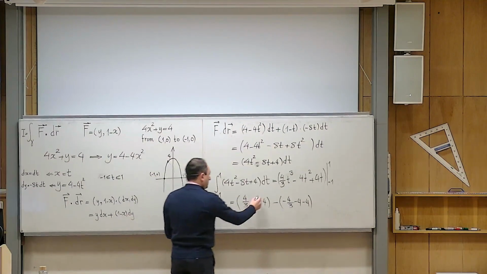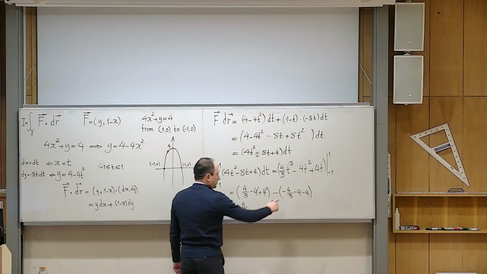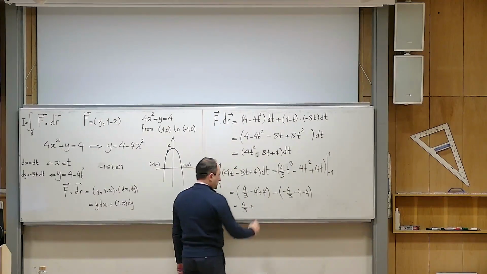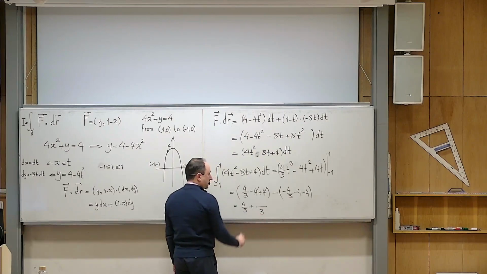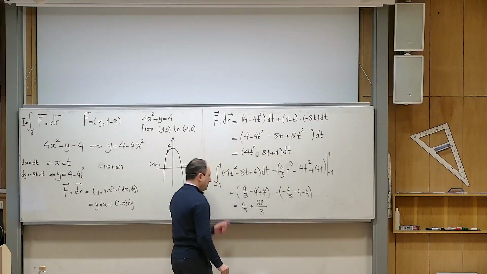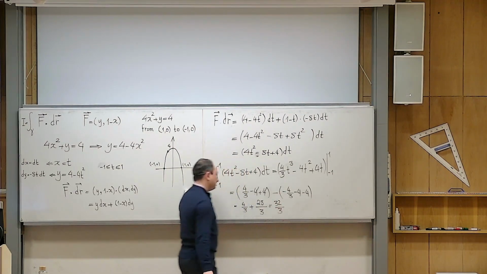Okay, so here 4 and 4 are gone, so I am left with 4 over 3. So if I factor a minus sign, finally it becomes positive. And if I take the common denominator, this is positive 8 times 3 is 24, plus 4 is 28. And if I calculate that, it becomes 32 over 3.